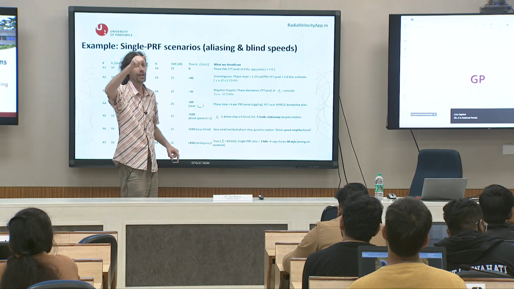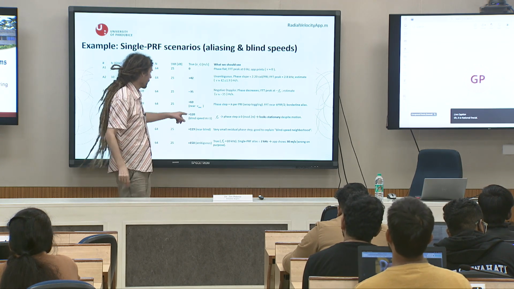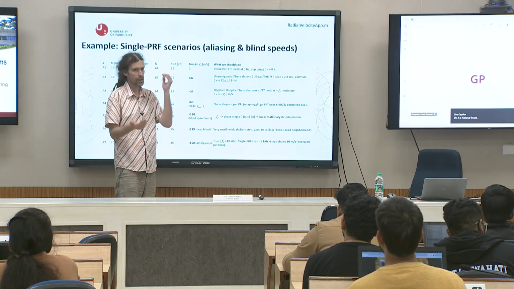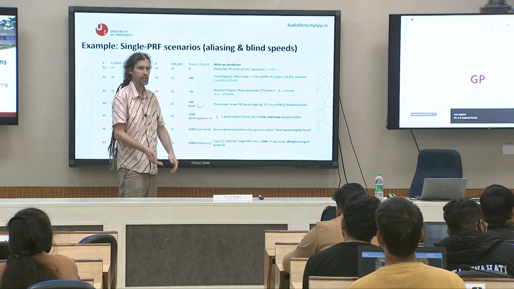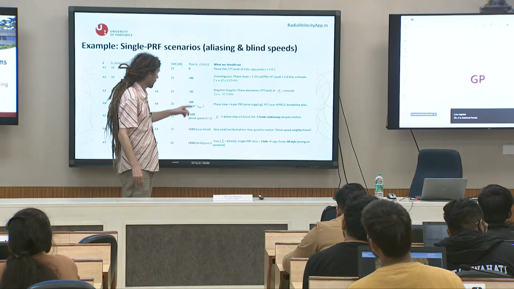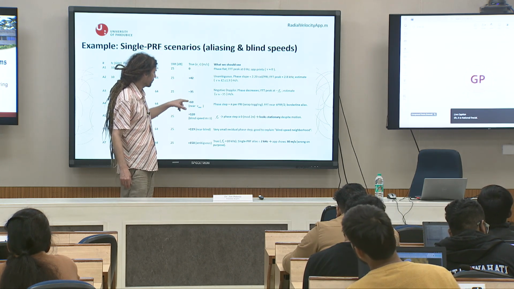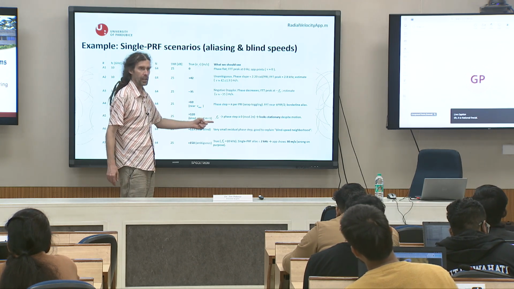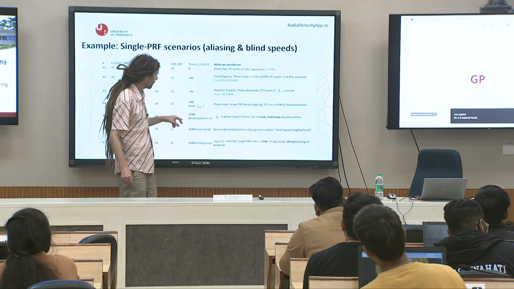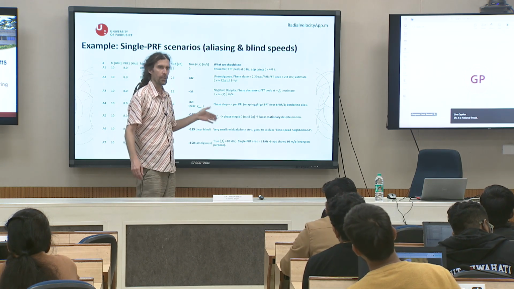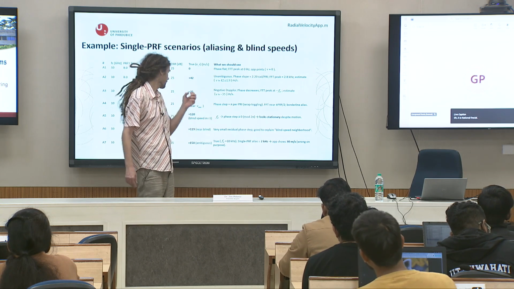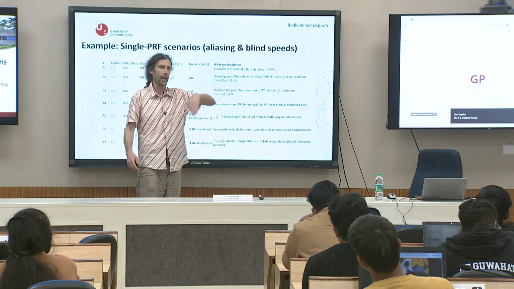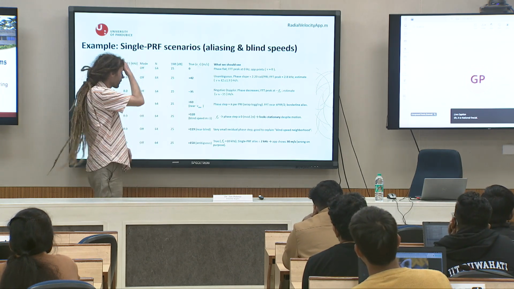Why? It is multiplication by an integer, it is blind speed. If I put 180, same result. 240, 300, 360 and so on, it will be the same. This edge means blind speed for m equal 1, 180 is blind speed for m equal 2, 240 blind speed for m equal 3, and so on to infinity.